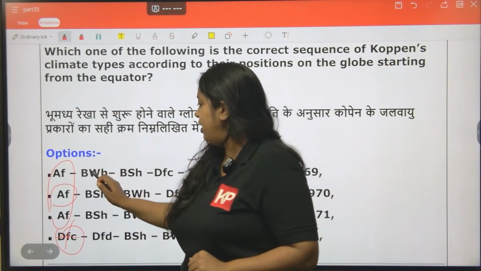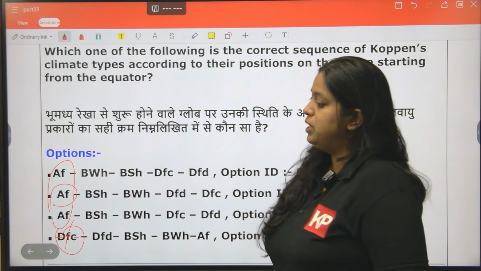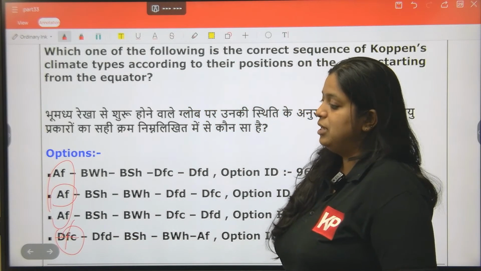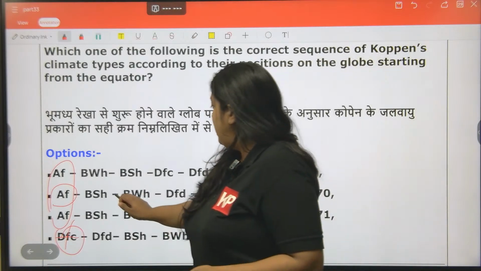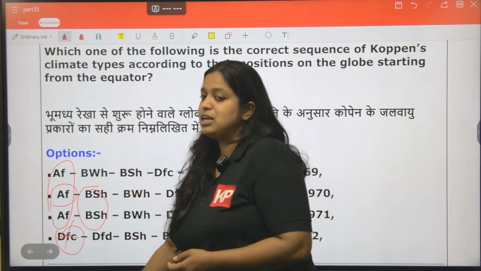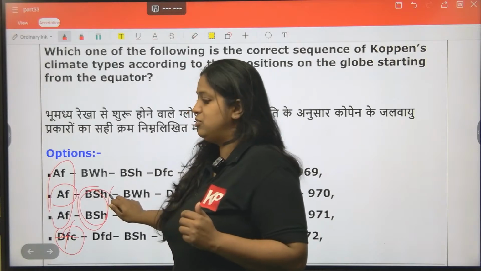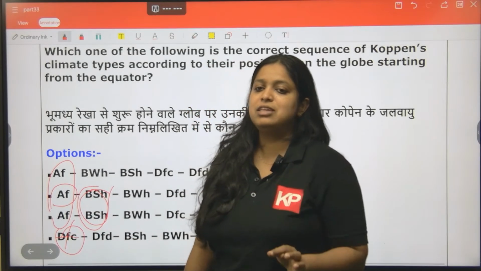Next are A, B, C, from these three options. The next one should be BSh, hot semi-arid climate. Either of these situations is possible, because after this only the desert climates start. So this is the BSh situation, which is hot semi-arid climate.